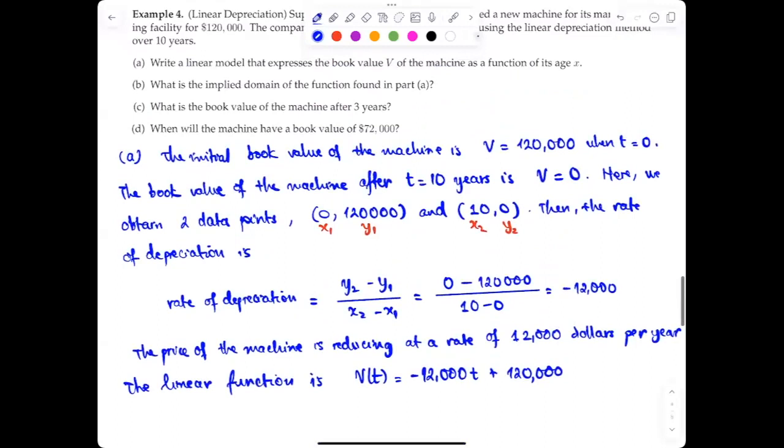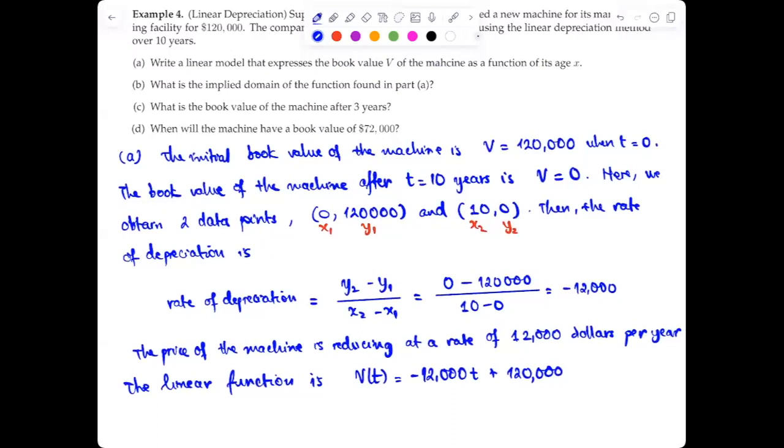What is the implied domain of the function found in part A? So what is the domain of this function? You got it, right? I believe that you can do this one.